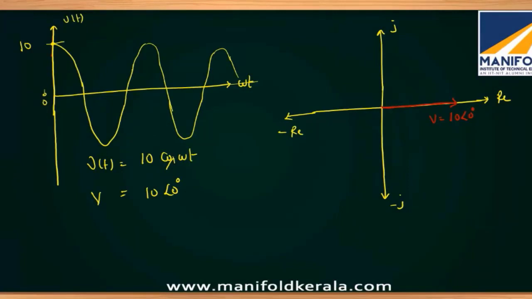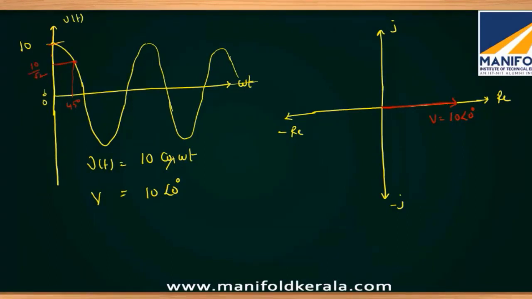Now, what is the value of the signal when omega t equals 0? The instantaneous value of this voltage signal when omega t equals 0 is 10. Once it has moved from this value by say 45 degrees, what is its value? Its instantaneous value will be 10 by root 2.